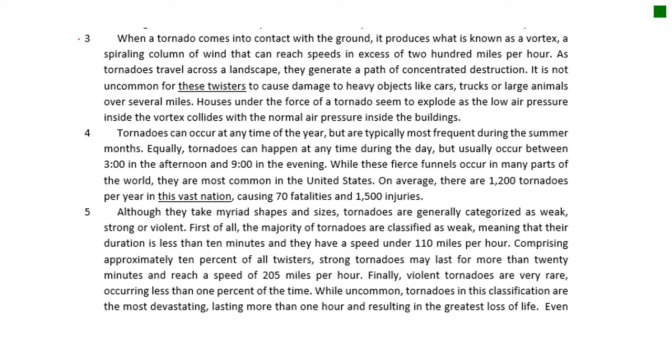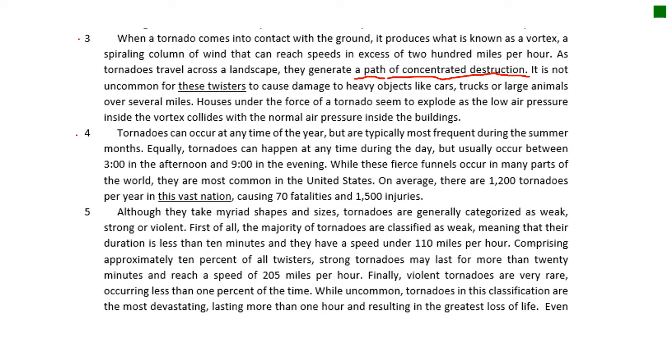As tornadoes travel across a landscape, they generate a path of concentrated destruction, destroying everything in their path. It is not uncommon for these tornadoes to cause damage to heavy objects like cars, trucks, or large animals. Okay, this is talking about how destructive the tornadoes are.